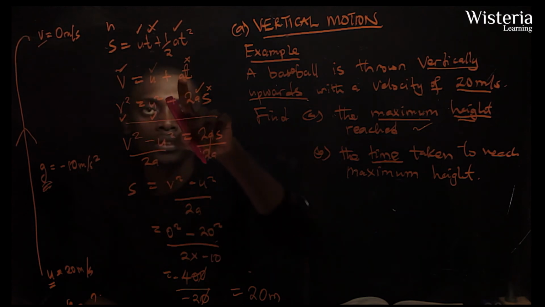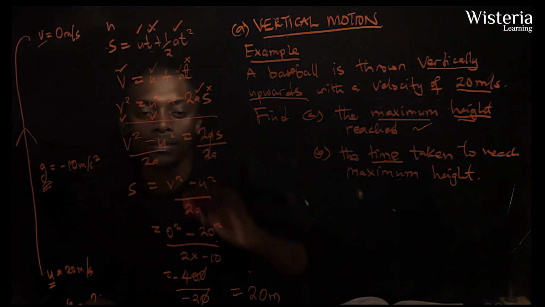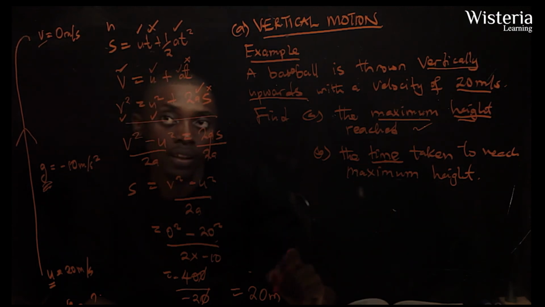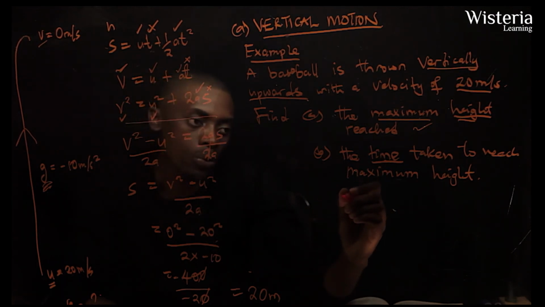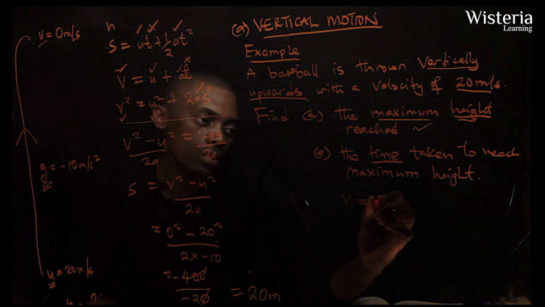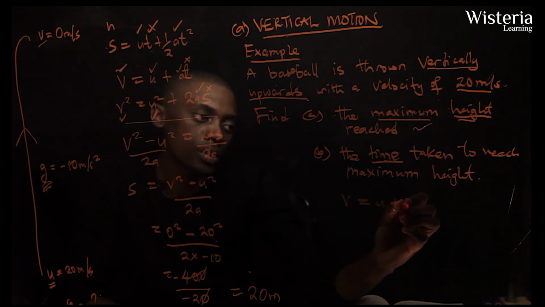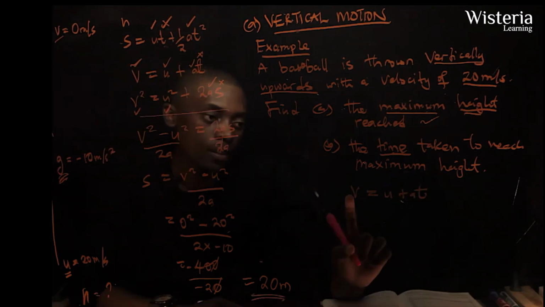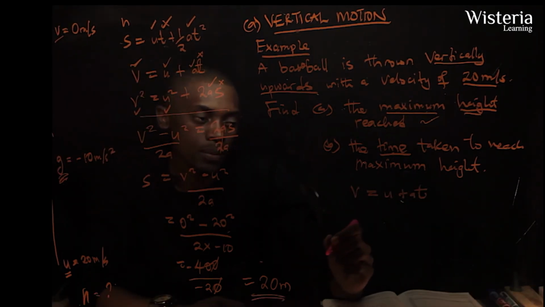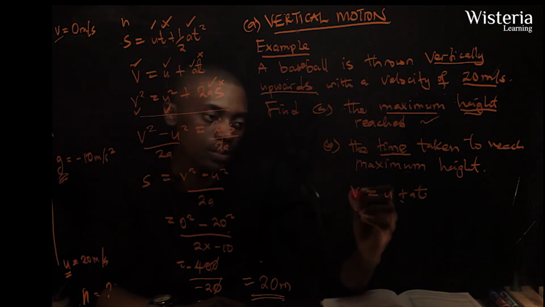I have the acceleration due to gravity, which is negative 10. Then I can find t, the one that I've been asked. Therefore, straight up, I will use v equals u plus at. In this equation, we just substitute to find t, or we make t the subject of the formula. So we'll do the latter.